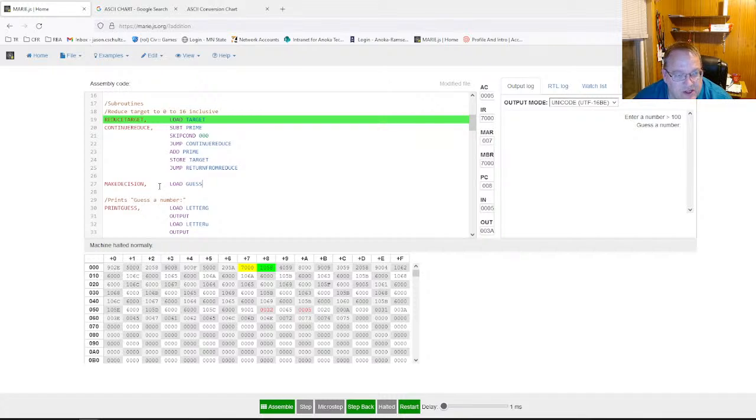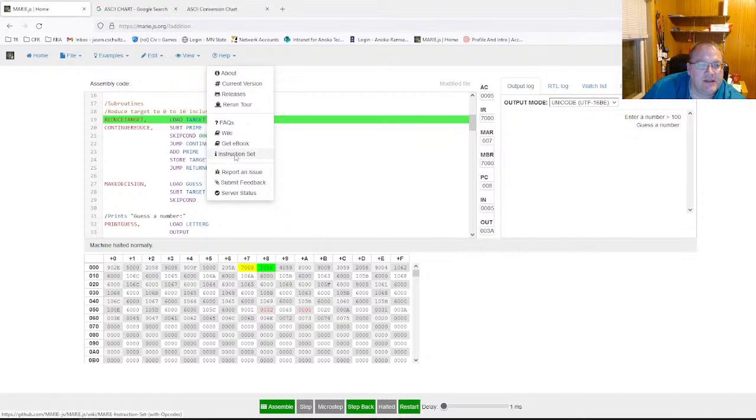We don't know for sure that that's loaded, and so we're not going to assume that it is. So then what we do is we do a subtract target. Now comes the tricky bit.